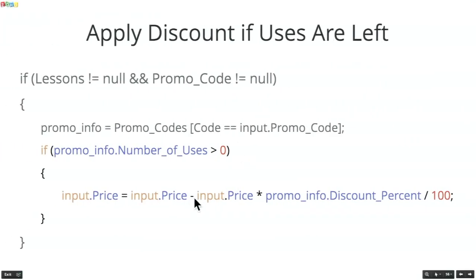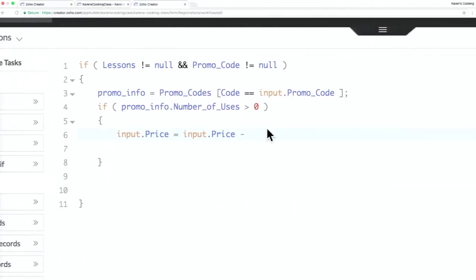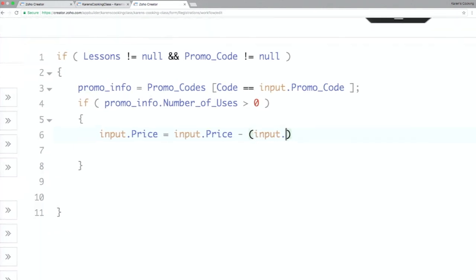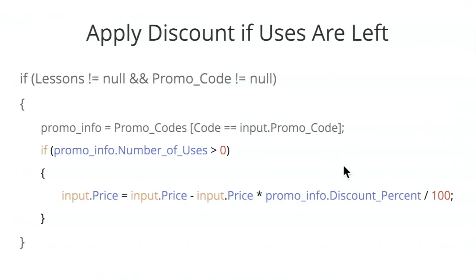And then we can multiply the price by the percentage to figure out how much we're going to take off. So I'll actually put this part inside parentheses so it's a little bit easier to see. So input.price times, and then we need to find the value which is actually stored in our promo code record of the discount percentage, right?